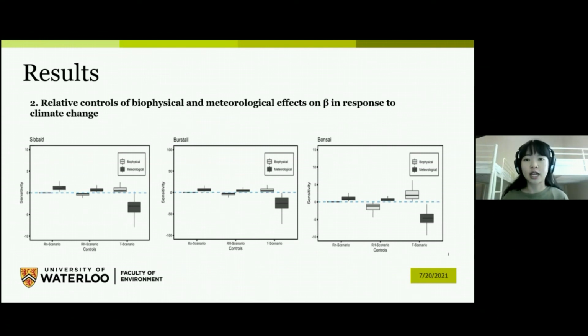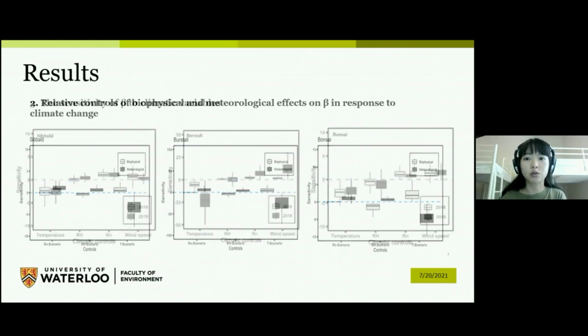That means that the meteorological factor is more important than the biophysical factors in the surface energy partitioning in all these scenarios. But in terms of how they increase or decrease the Bowen ratio, they differed with different scenarios.